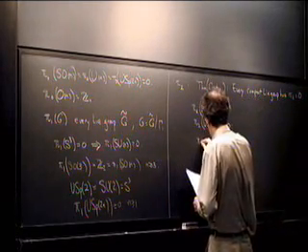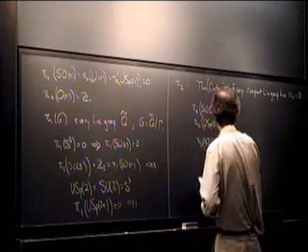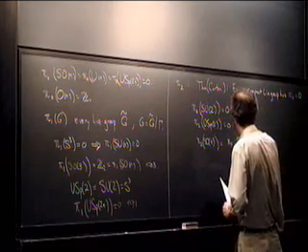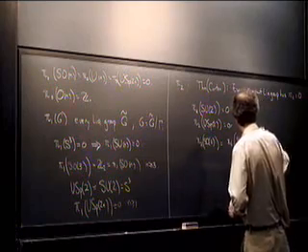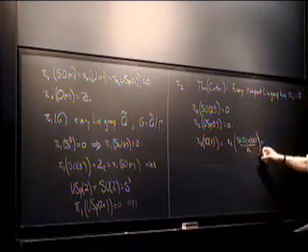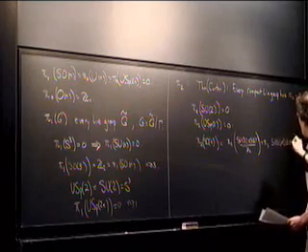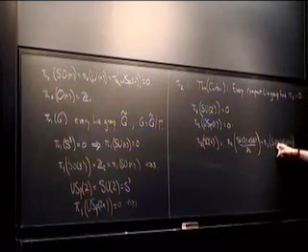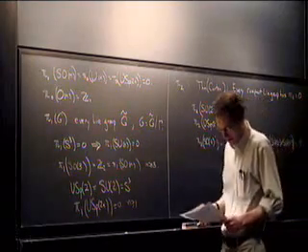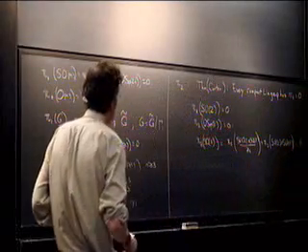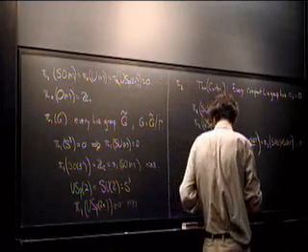Well, pi 2 of SO4 is in the stable range, but SO4 is SU2 times SU2 divided by the diagonal Z2. But for a discrete cover, higher homotopy groups are the same as the covering space, as we proved already. This is a product of 3-spheres, so this is 0. So that checks that pi 2 of the orthogonal groups, special or not, are 0.